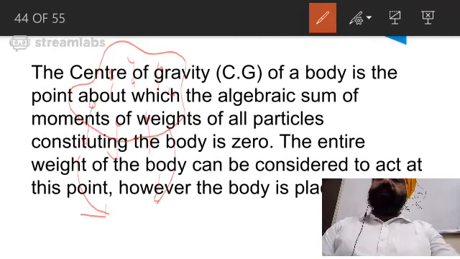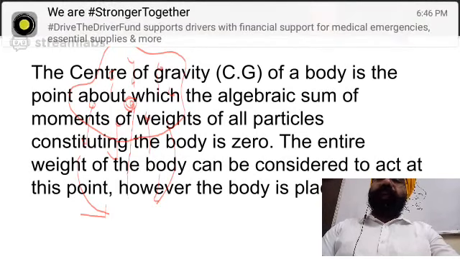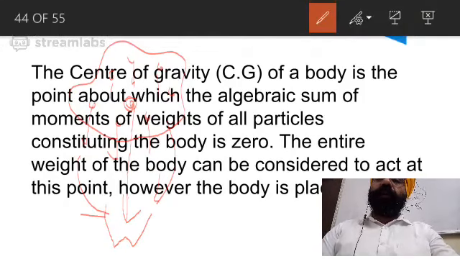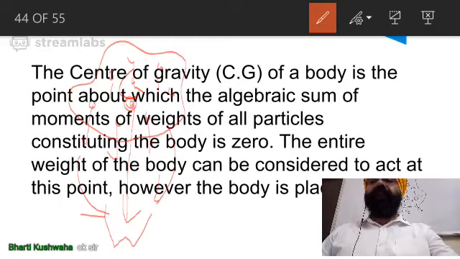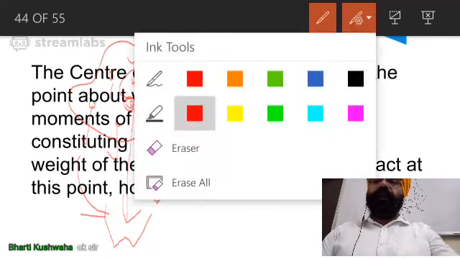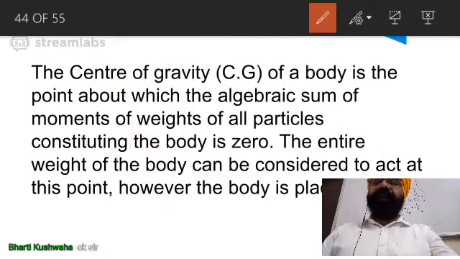And if these are all in equilibrium, then I should have a point somewhere here where the entire weight of the body can be supposed to be acting. We represent it with a capital W, and this point is known as the center of gravity. Clear, everybody? Let me undo this and then we read the definition.